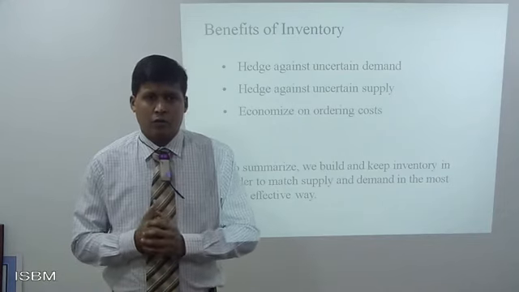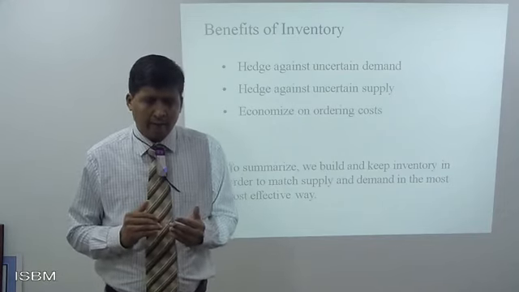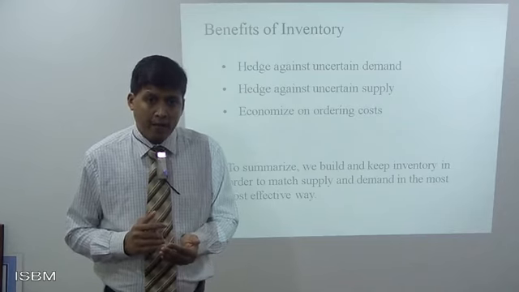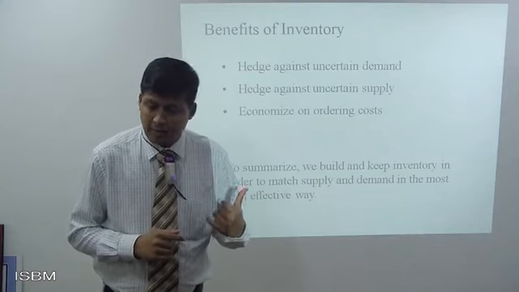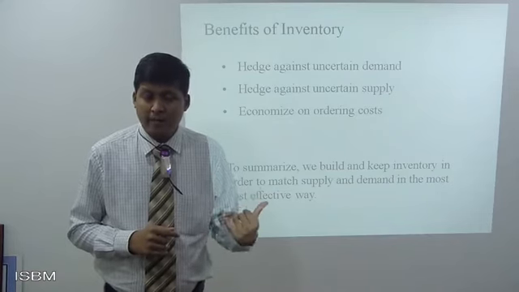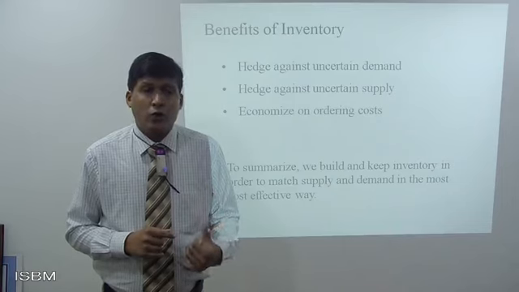Economize on ordering cost. So we are also looking at inventory cost and ordering cost. Understand, one of the variables we spoke about is demand. The second, we are looking at supply. A factor that also matters is ordering cost.